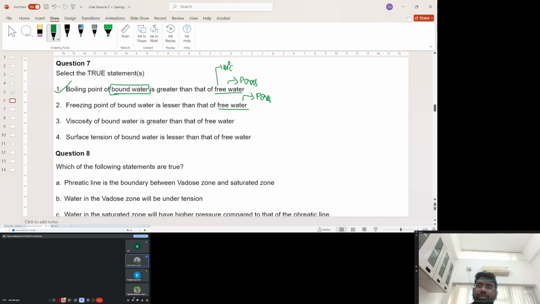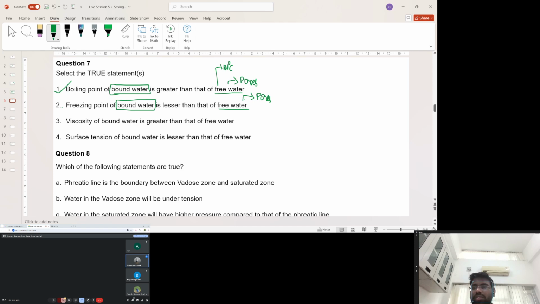And as far as freezing point is concerned, free water freezes at 0 degrees centigrade, and for bound water, since these attractions are present, you need to remove extra energy. That results in a further dip in freezing point. So that is why the freezing point of bound water will be lesser than 0. It will be in minus.